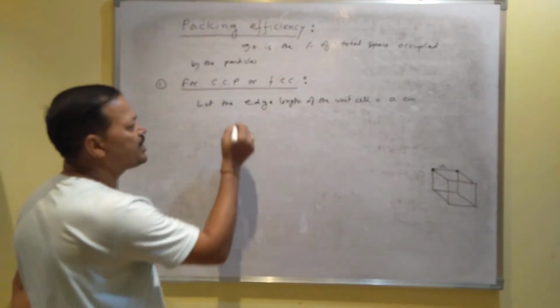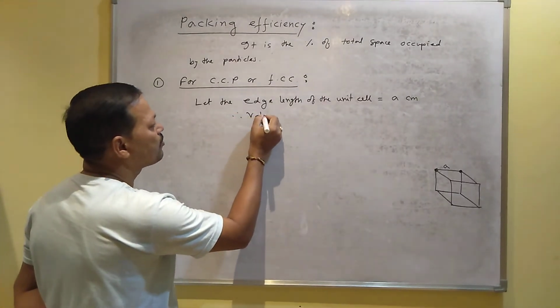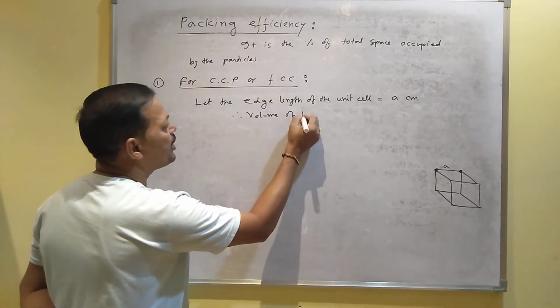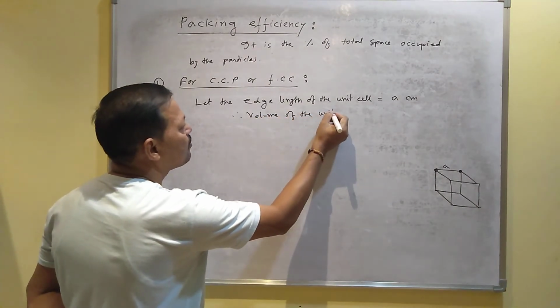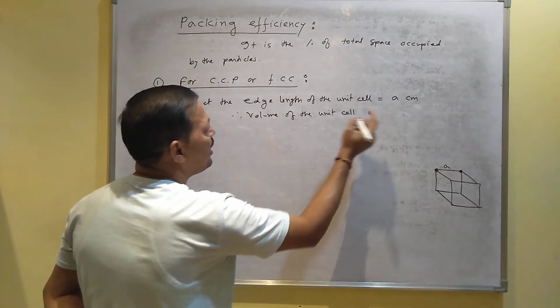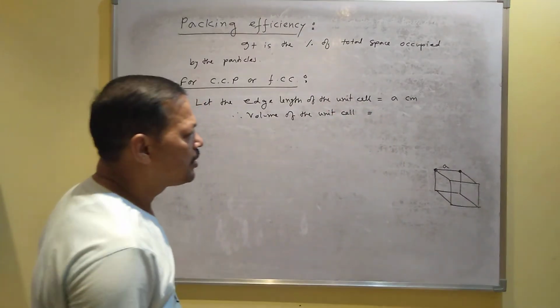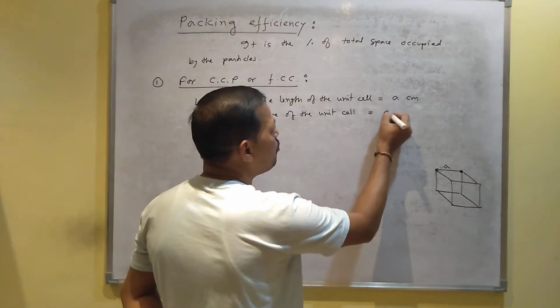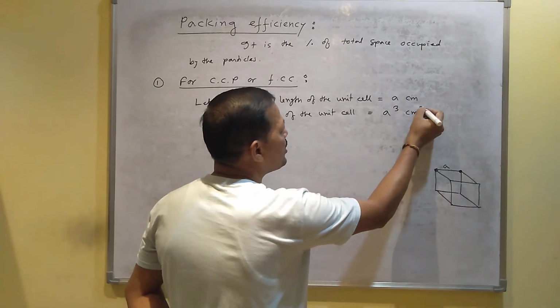Since edge length is a, therefore volume of the unit cell is length into breadth into height. Since the edge length is a, the volume will be a cubed, centimeter cubed.